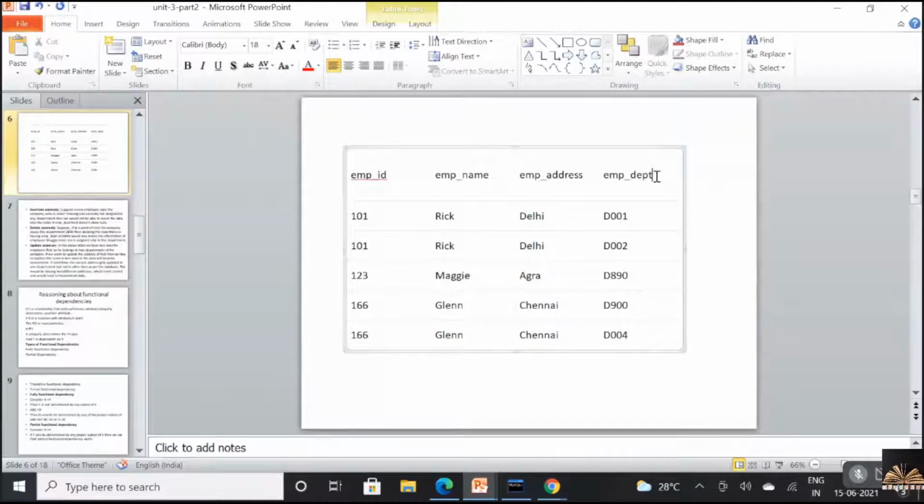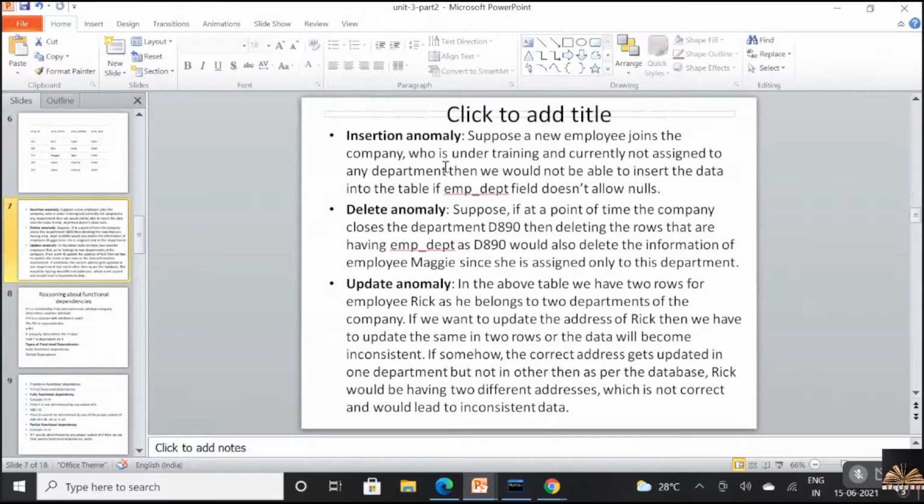The problem with insertion anomaly is, suppose a new employee joins the company who is under training and is currently not assigned to any department. Then we cannot insert that particular data into the table if the department value is unknown.